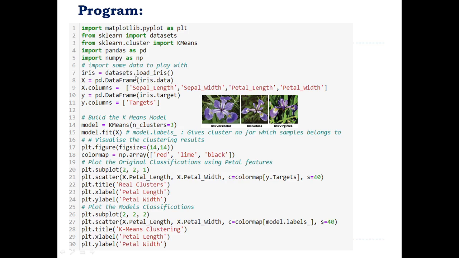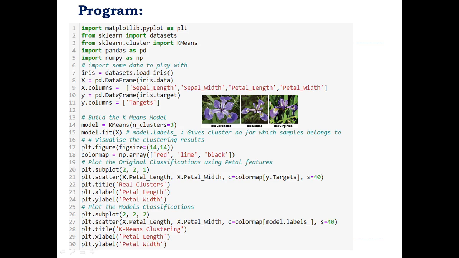Next, the data from this iris dataset we are creating as a data frame using pandas. Here we create a data frame X for the iris data. Then we initialize the columns of this data frame X as sepal length, sepal width, petal length and petal width. These are the column headers, nothing but the features for this classification.